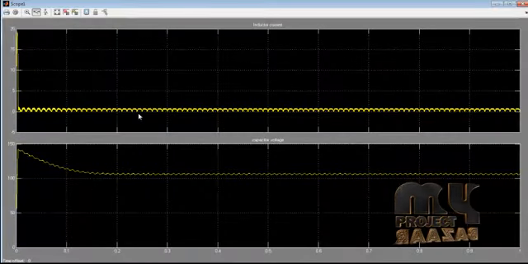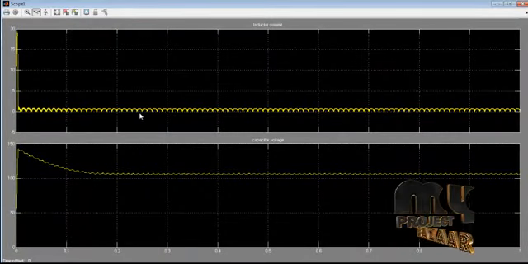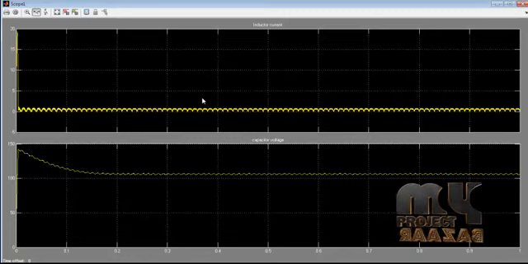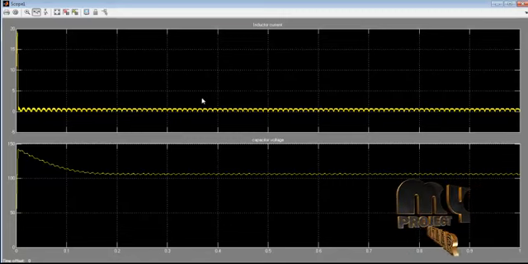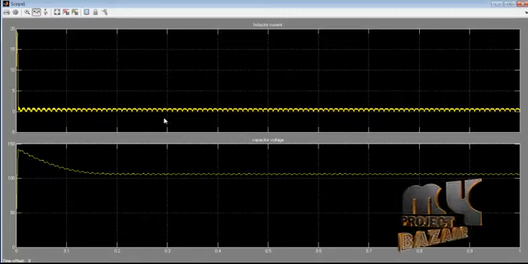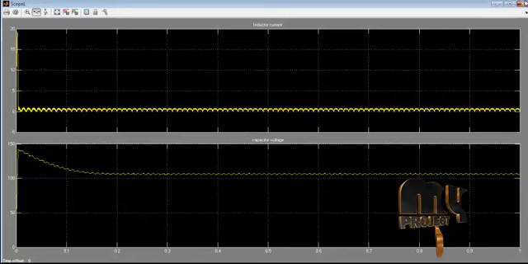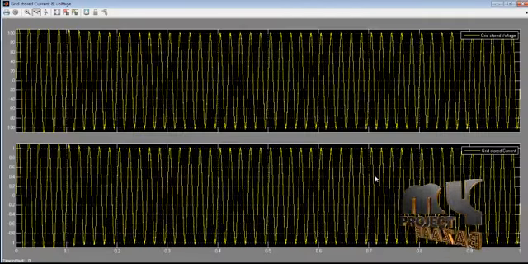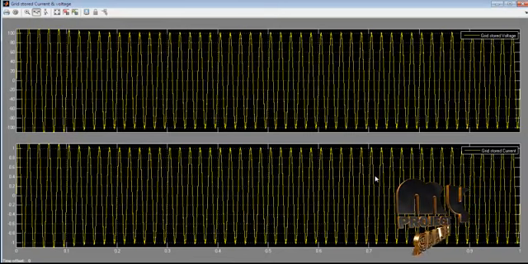Next we can see the inductor current and capacitor voltage. Our input passes through the inductor and the capacitor. This is our scope result of the inductor current and capacitor voltage. Next we can see the grid stored voltage and grid stored current.